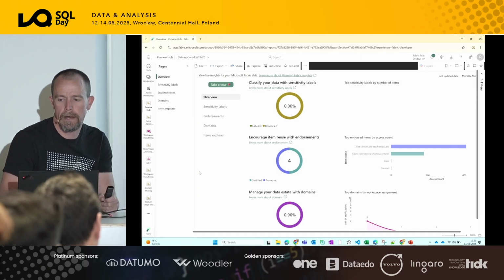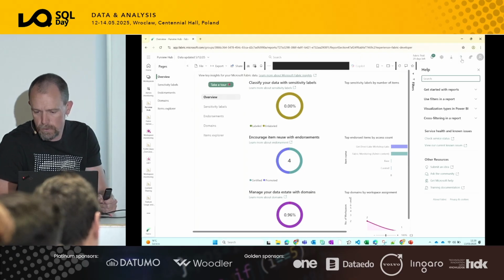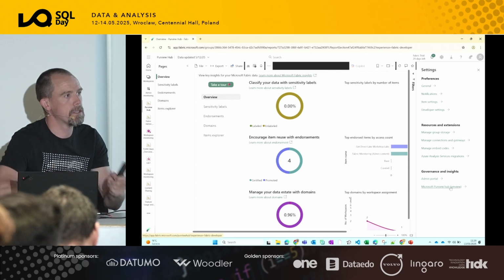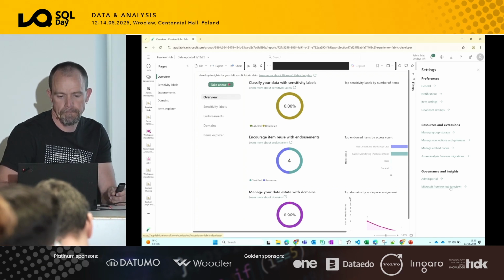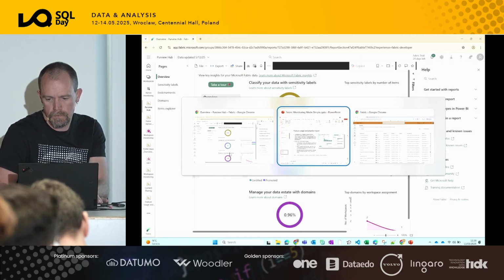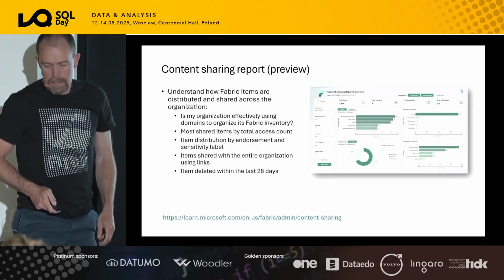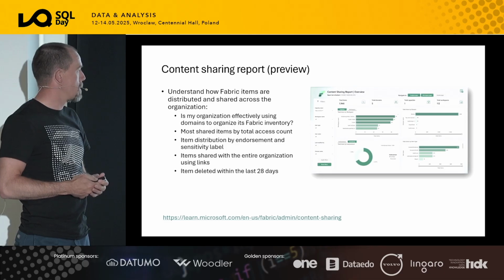But that you will also find up in here. I believe you have it also here. The Purview hub is also here, down here. So it's just that report that you have here that is embedded into the admin monitoring workspace. And this is actually currently in preview, so Microsoft is still building on top of it.